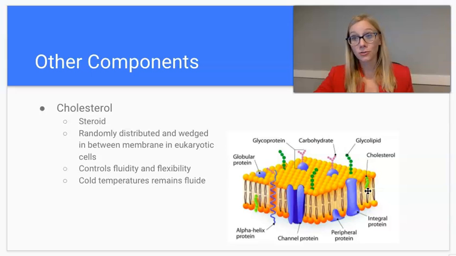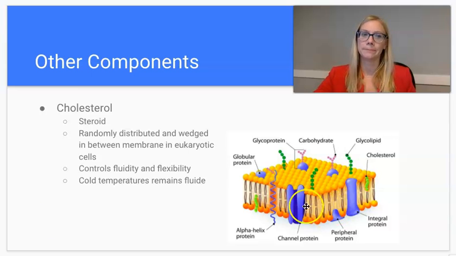But what cholesterol can do is it helps it stay flexible and not freeze, so to speak. The other thing it can do is if the plasma membrane gets really hot, it might start to melt. And cholesterol helps negate that too, helps it stay fluid, but not melty fluid.